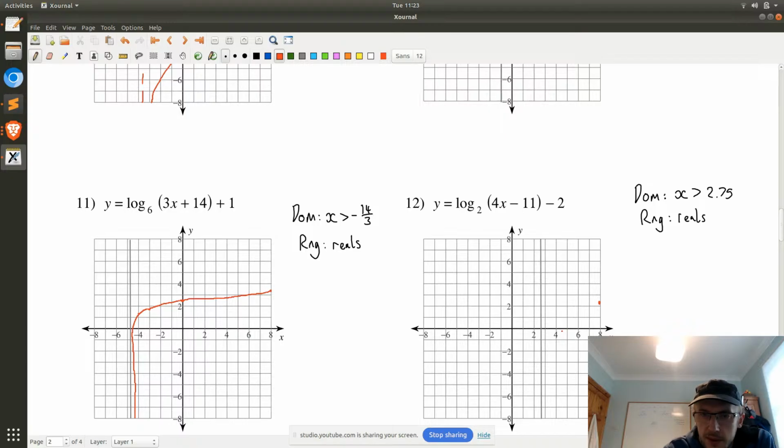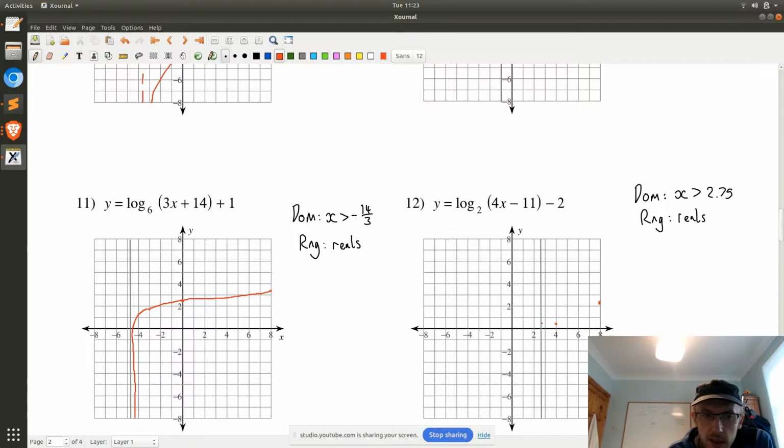Input 4, so 16 take 11, that's 5, log base 2 of 5. Take 2 is 0.32. There-ish.